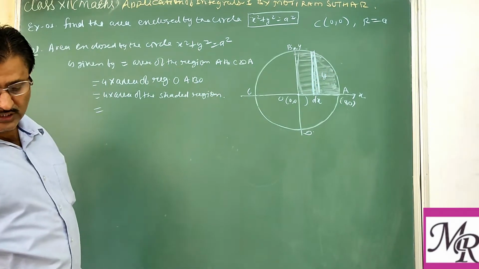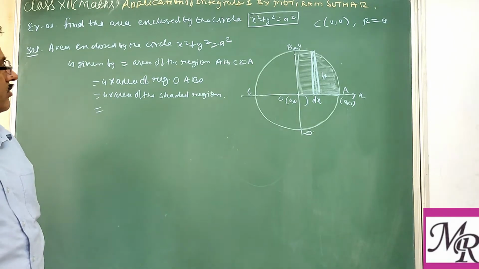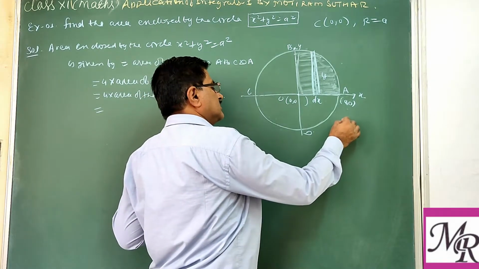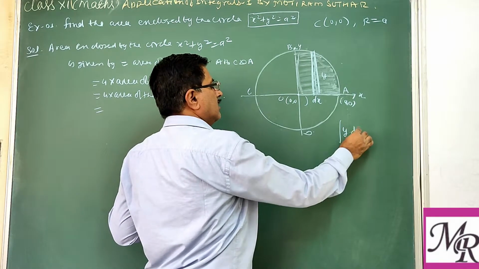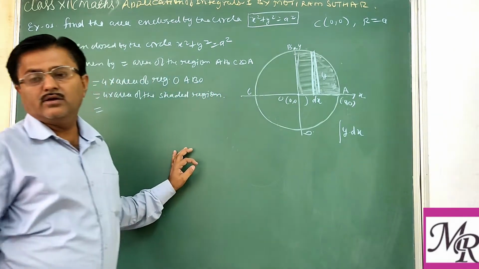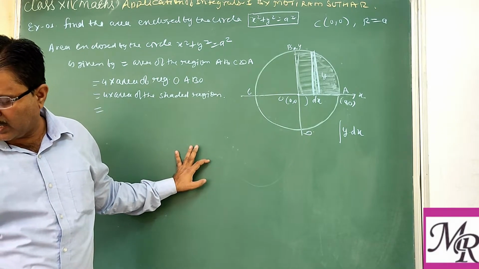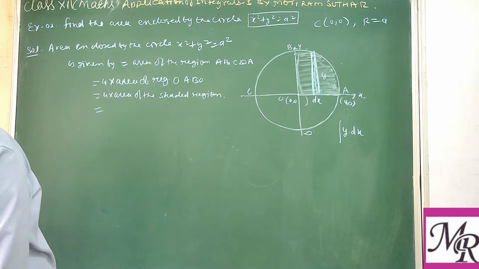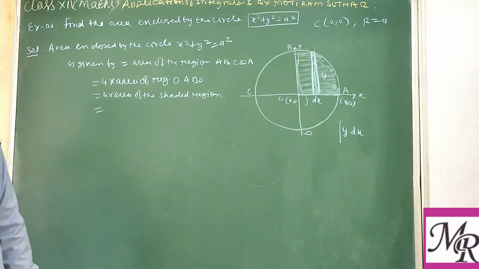So its area will be y into dx. But this is a definite integral. Now the important thing is what limits we have to take. For the area enclosed by this region, we have to take the limits according to the shaded region covered on the x-axis, from which point to which.